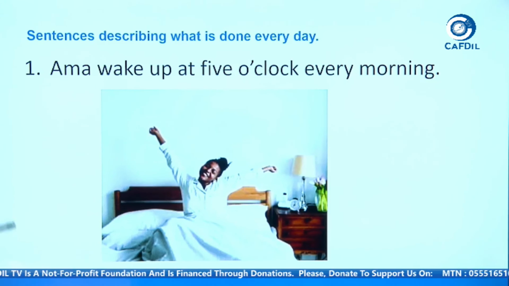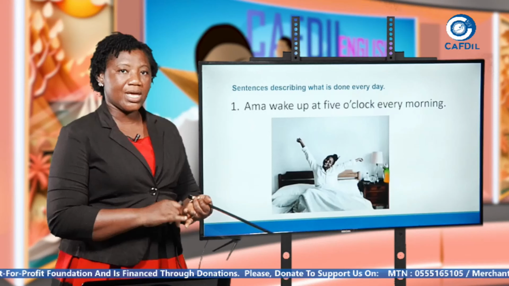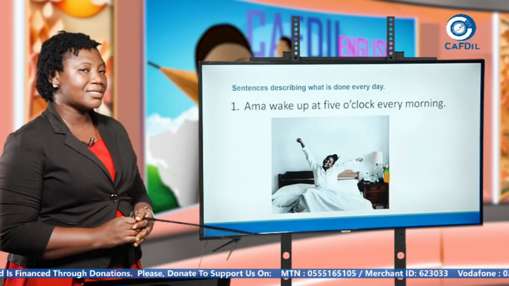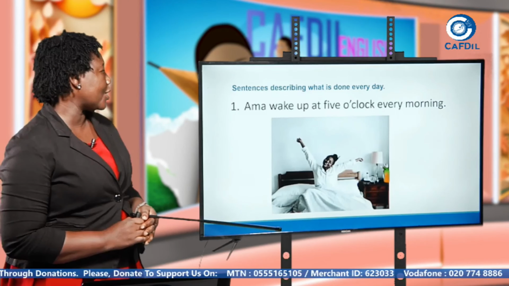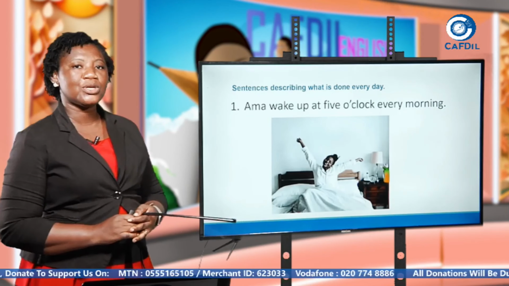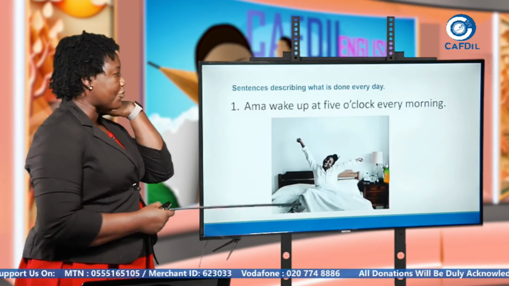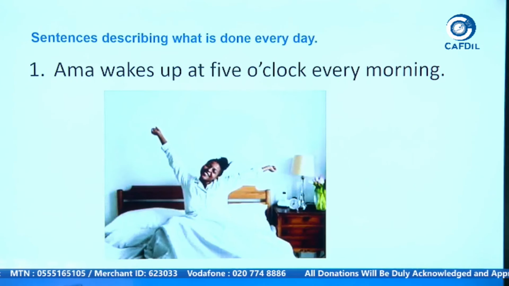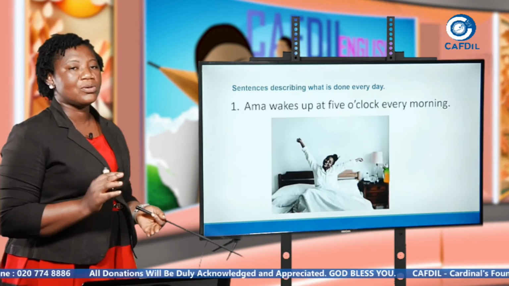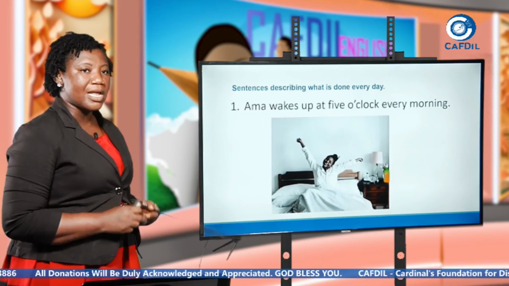The last time we used I, we, you, and they. This time around, we are going to use names to describe the picture. We are not going to use I, we, you, or they. We want to use names.